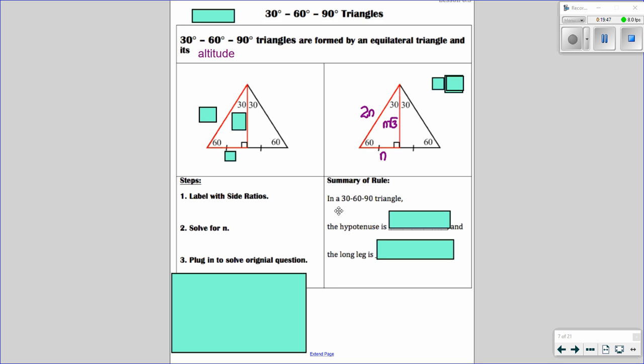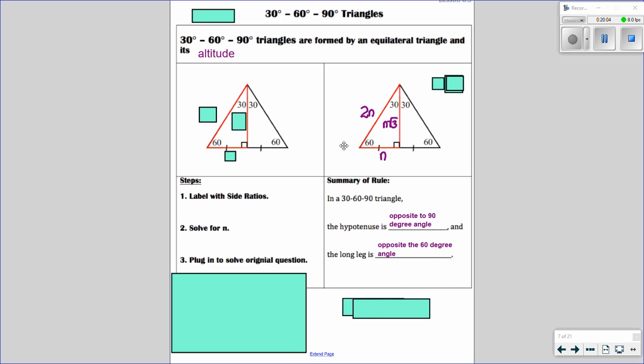So the summary rule for the 30, 60, 90 triangle is that the hypotenuse is opposite the 90-degree angle. It's the longer side and it's opposite the 90-degree angle. And the long leg is opposite the 60-degree angle, which would be the second shortest angle.